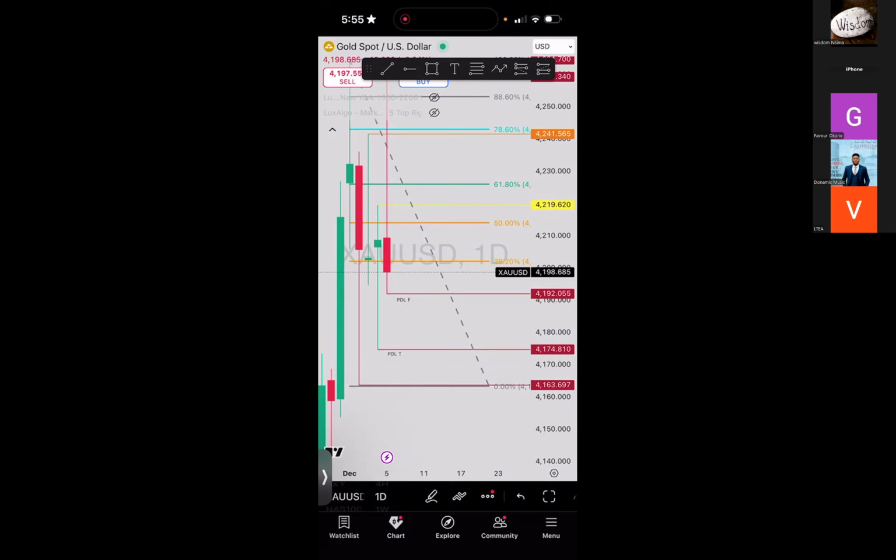That's why we start from the weekly time frame. It's a bigger time frame. Do you understand? And trust me, don't rush it.